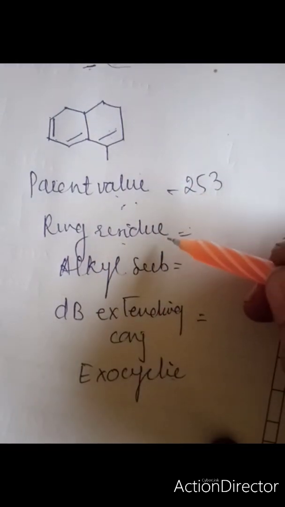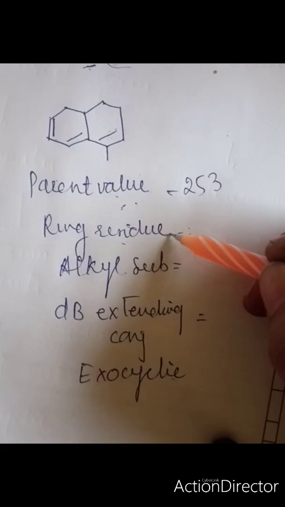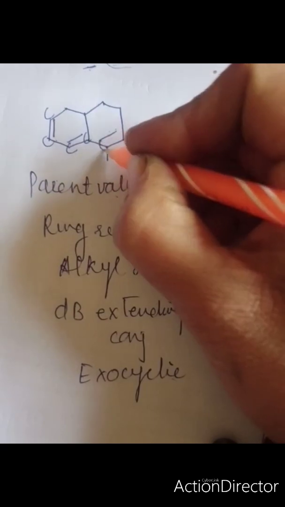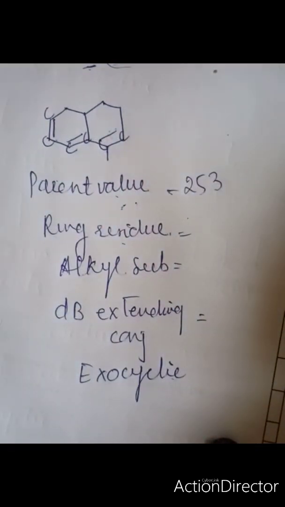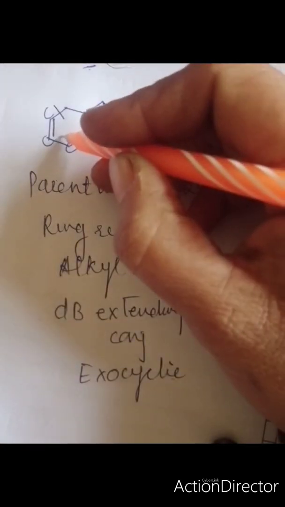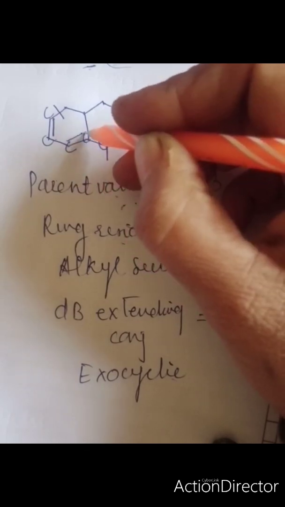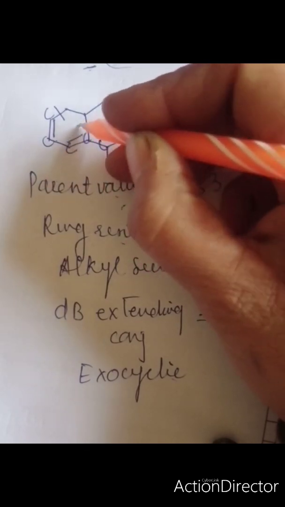Now let us talk about the ring residue. So ring residue means C=C double bond. You have to see it is attached to how many single bonds. So this is the first ring residue. This we will not consider a ring residue, it is common. If you see this carbon, this will be the ring residue.